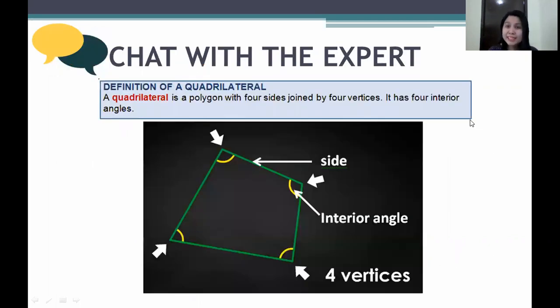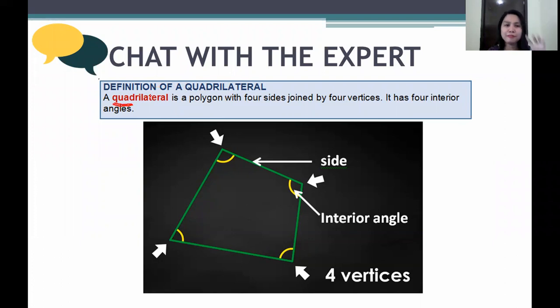Now, what is a quadrilateral? A quadrilateral is a polygon with 4 sides joined by 4 vertices, and it has 4 interior angles. Now, here's a cue for you. Quad means 4.